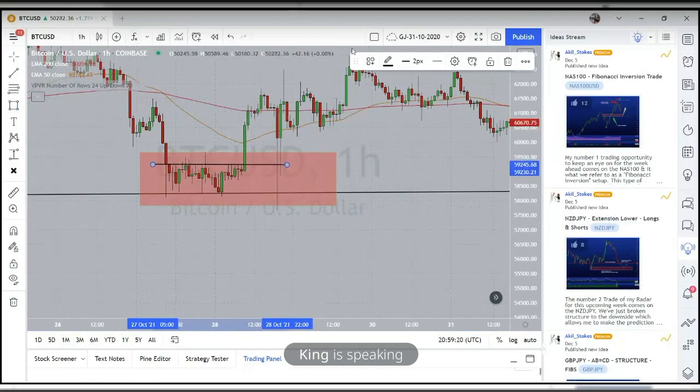So we've come down to here, we've made this indecision candle here where price came down into this level, was brought back up, sellers have made it close flat, and then we get this. I think this is a candle pattern, these two candles here, I'm not too sure. Let me just have a quick look because I'm on the website right now. I'm just going to see if I can find if that's an actual candlestick pattern.